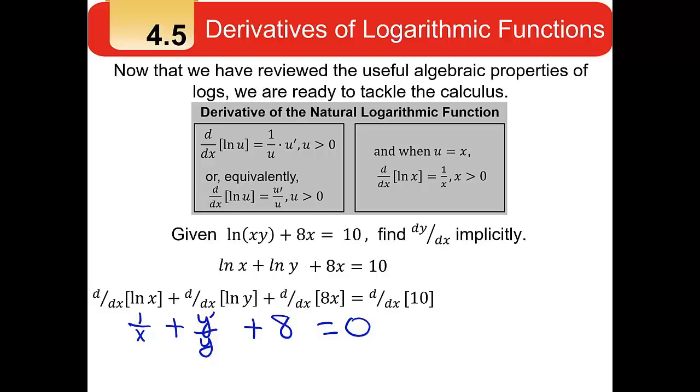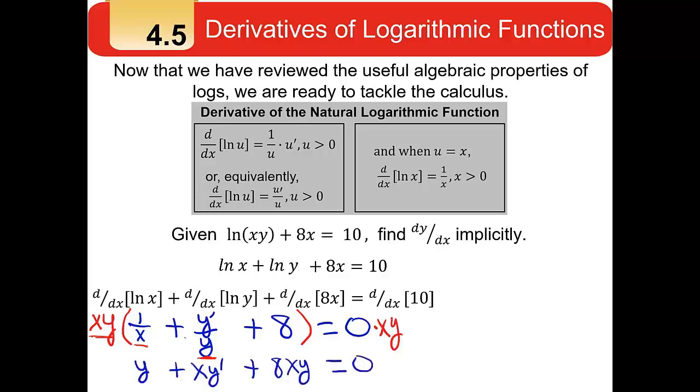You've got an x and a y in the denominator, so if you multiply both sides of the equation by x over y, when you multiply x over y by 1 over x, the x cancels and you're just left with a y. When you multiply x over y times y prime over y, the y's cancel and you're left with x times y prime. And when you multiply the 8 times xy, you get 8xy.